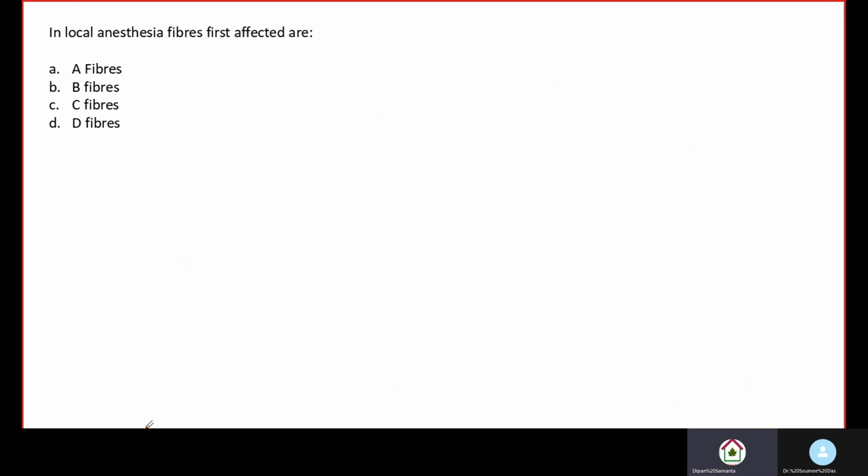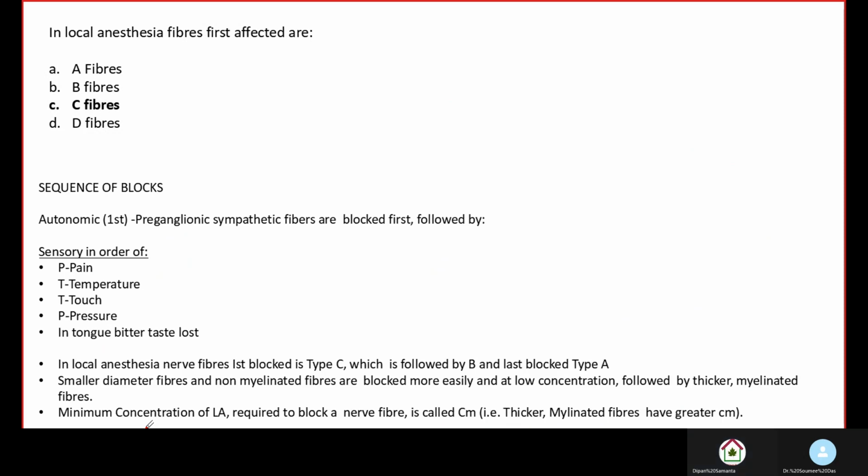In local anesthesia, fibers first affected are A, B, C, D. Which fiber? The answer will be C. C fibers are first affected. And the senses are blocked in an order.